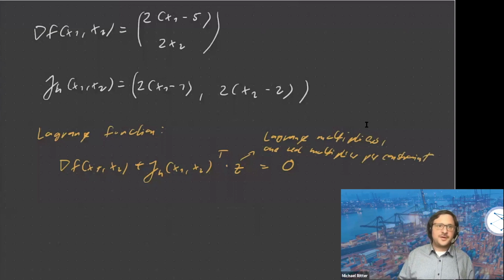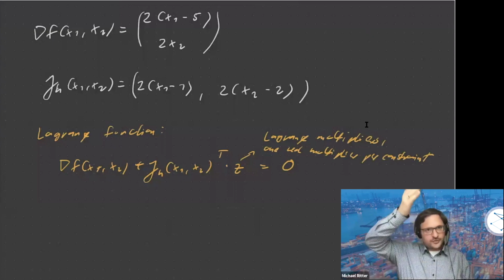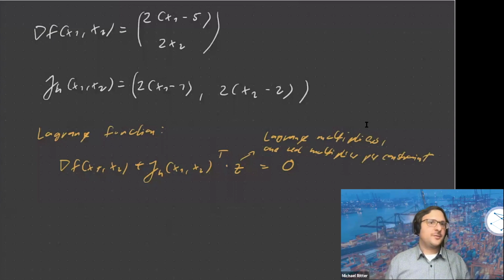Okay, that Jacobi matrix has one row per constraint. That means the transposed Jacobi matrix has one column per constraint, and there's one multiplier for each column of that matrix. In this case, our Jacobi only has one row, so the transposed has one column. So that means we only have one multiplier, right? One constraint, one multiplier.